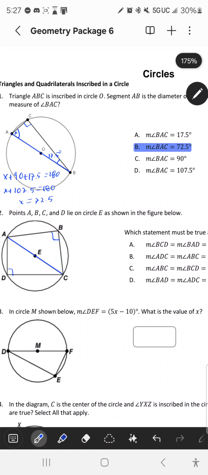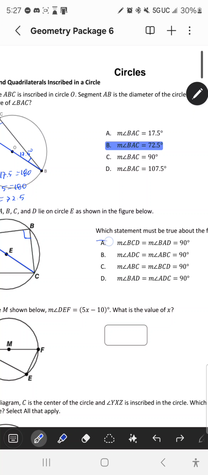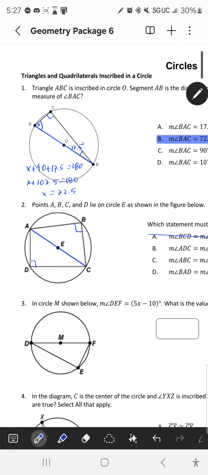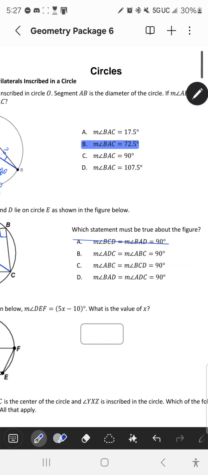Now, let's see here. BCD. Okay, we have BCD here. BAD equals 90? No. ADC, okay. ABC equals 90. Yes, that's exactly what we said.